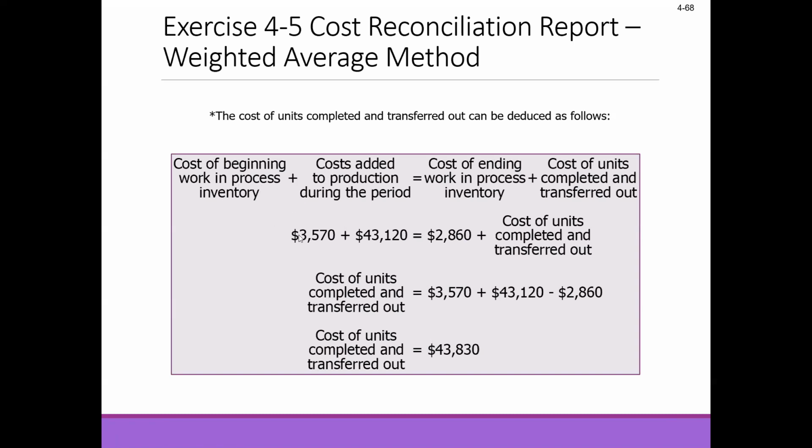So we started with 3,570 plus what we added to production will equal what we ended with plus the units transferred out. So basically the 3,570 plus what we added minus what was left in work in process at the end of the period is basically what we know had to be transferred out.